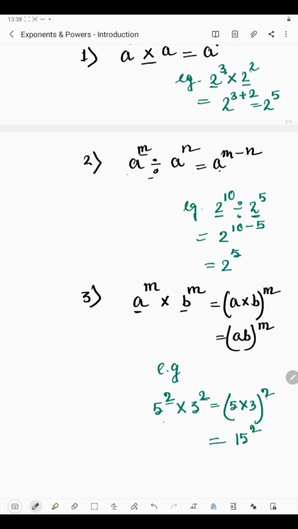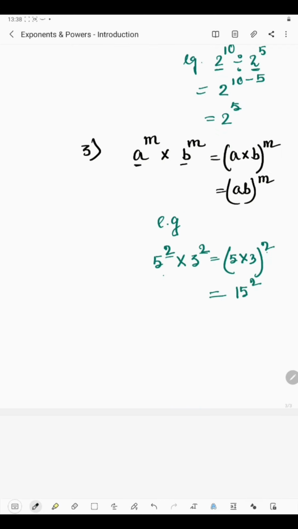Now fourth law is, when the base is different. Here I have taken a and here I have taken b. And in between divide sign is there and the power of a say m and b also say m. So power is same here but base is different and in between divide sign is there.